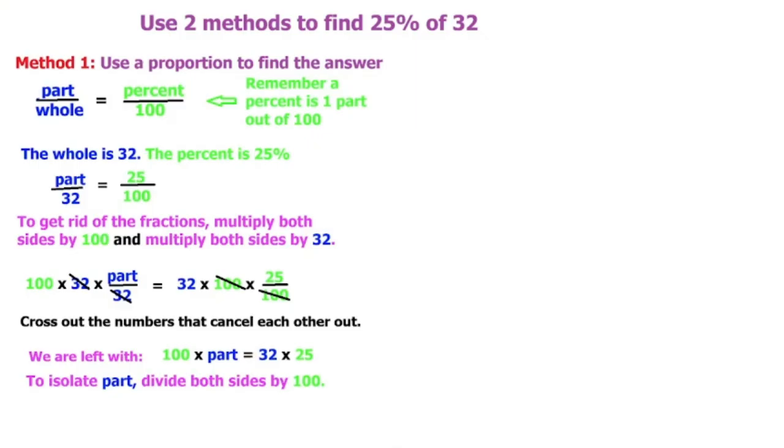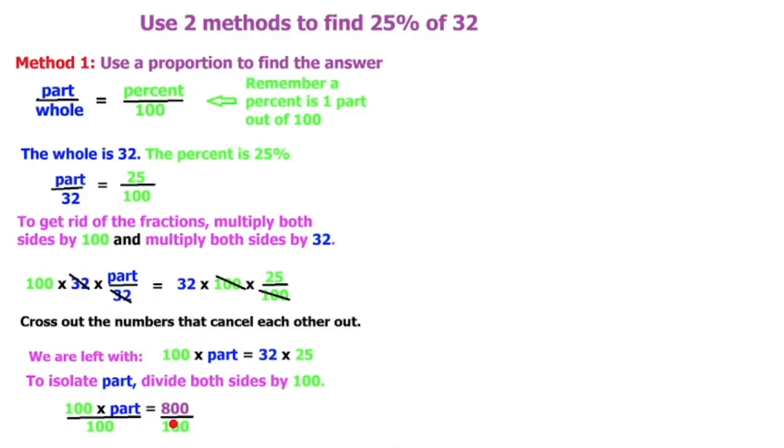Now to isolate part, we're going to isolate this by dividing both sides by 100. We want to get rid of this 100 on this side. So let's do that. See how that looks. Looks like this. So let's divide this whole thing by 100. And then 32 times 25 is 800.